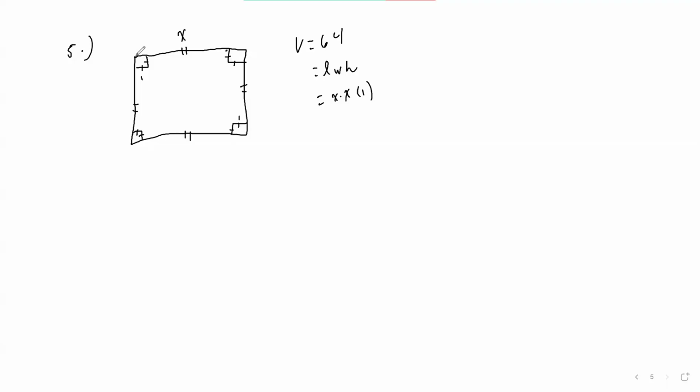We can let this whole thing be x, and we can take one away from it, or we can just let this be x since they all have to be the same length, and then we know the height is 1.